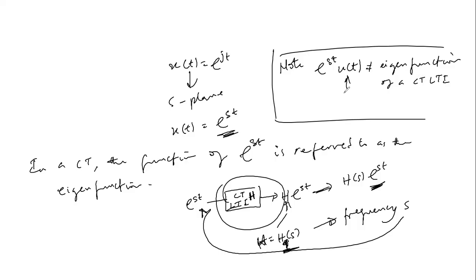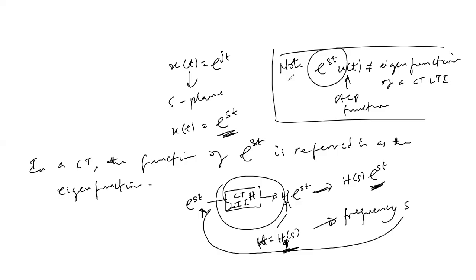Since u of t is a step function, the same frequency for the eigenfunction e^st to be an eigenfunction of a continuous time linear time invariant system, the same frequency must appear at the output for the eigenfunction inputs to the LTI system.